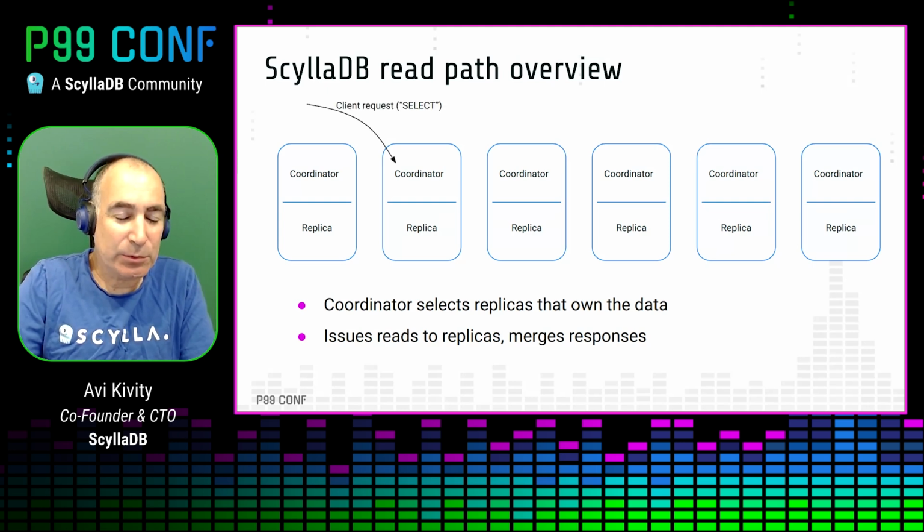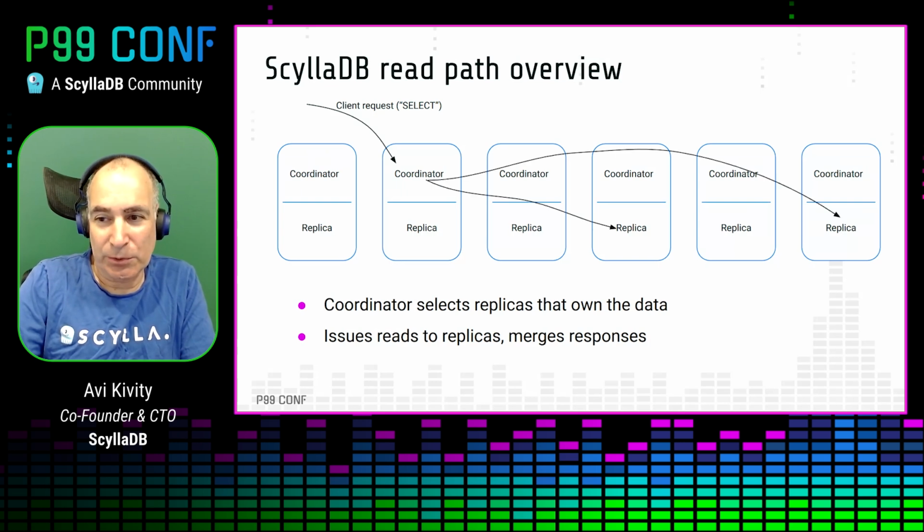So a request would arrive at the coordinator from the client, so typically, say, a select query. It would then get replicated to two replicas in order to find the data and heal any discrepancies. And then the responses are sent back and merged and sent to the client. In this talk, we'll focus on what happens in the replica, and we can practically ignore everything else.